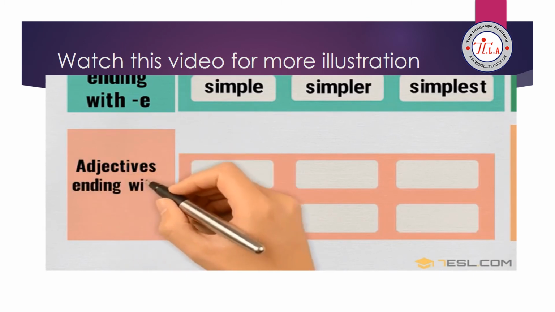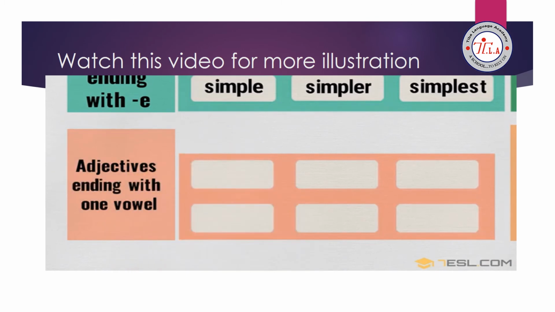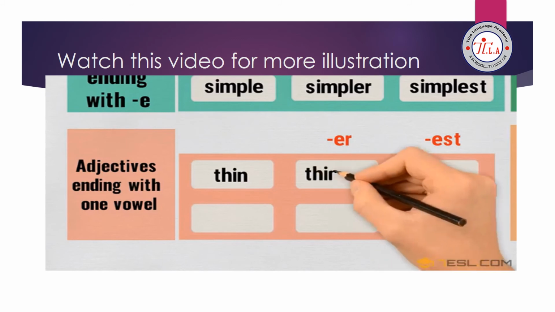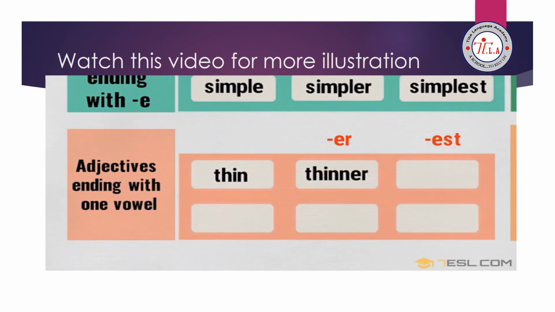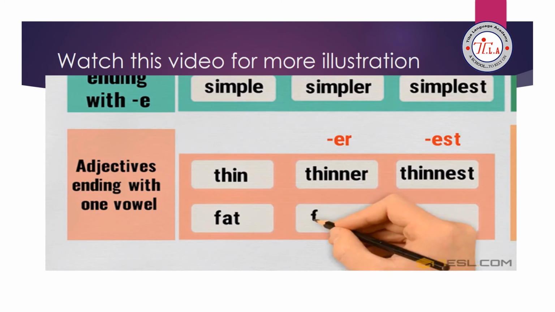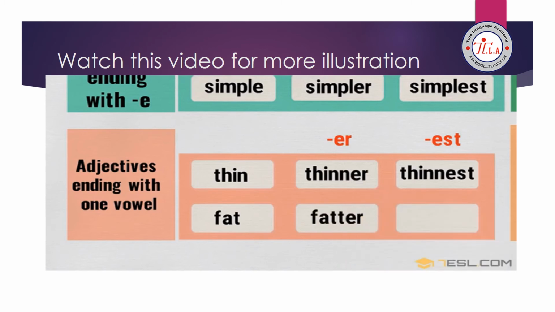Adjectives ending with one vowel and one consonant: thin, thinner, thinnest; fat, fatter, fattest.